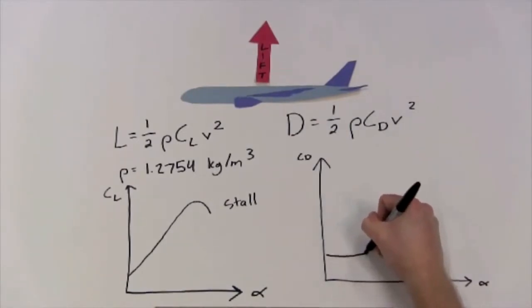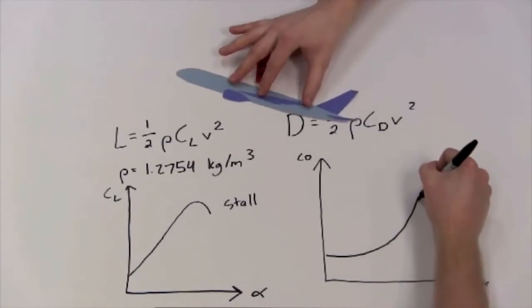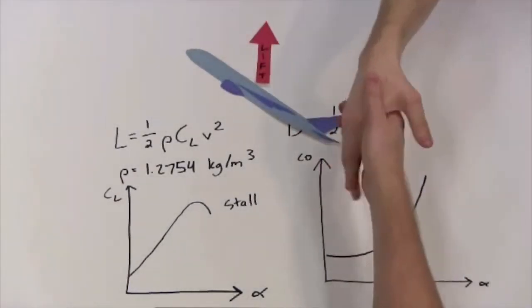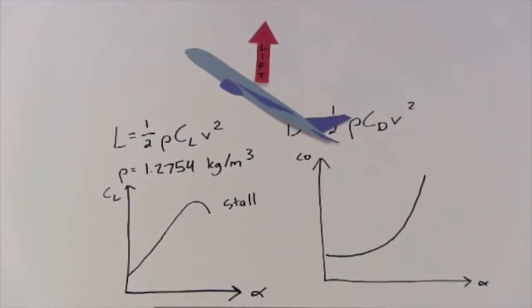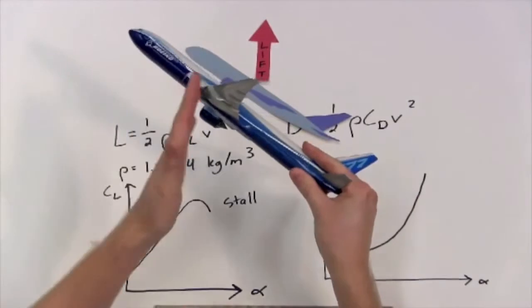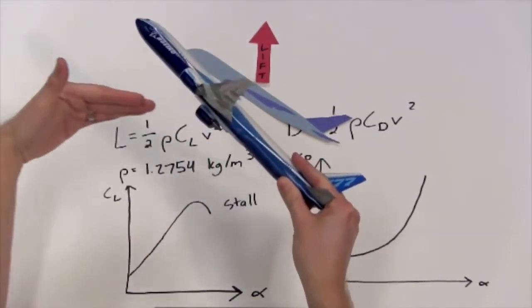So as the angle of attack increases, oh, thank you, the coefficient of drag increases as well. Thank you very much. This is because as the aircraft is pitching up, there is more wing area perpendicular to the flow.